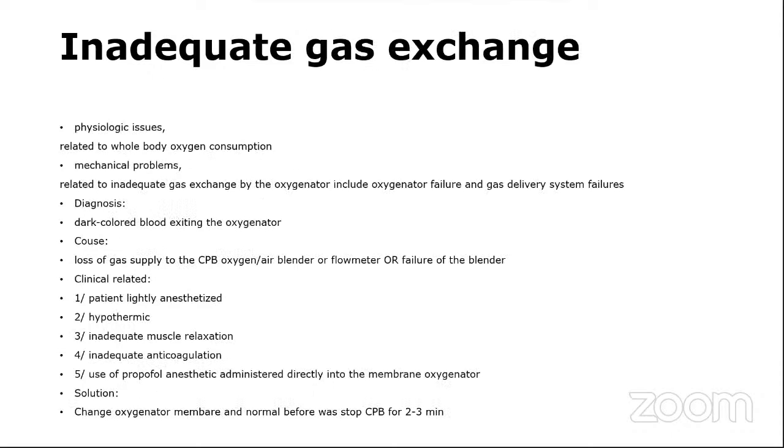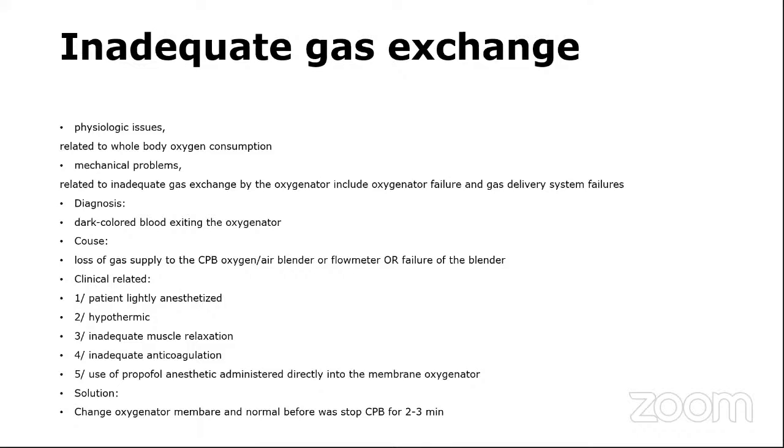For inadequate gas exchange, we have physiological issues related to whole body oxygen consumption during bypass. We will not speak about that. We'll speak about mechanical problems related to inadequate gas exchange by the oxygenator, including oxygenator failure, or failure of the gas delivered to the pump.